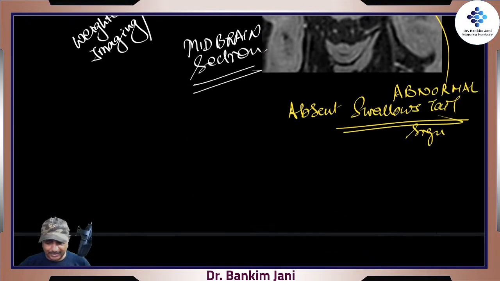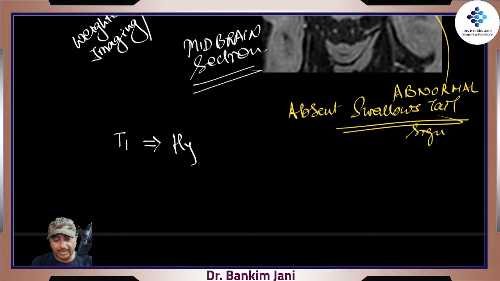So why does it happen? Technically, when it is asked how things would look, what we'll say is that on T1, in MRI there are T1 weighted and T2 weighted. Over here it is the T2 weighted, which is classical. On T1 there would be increased intensity.